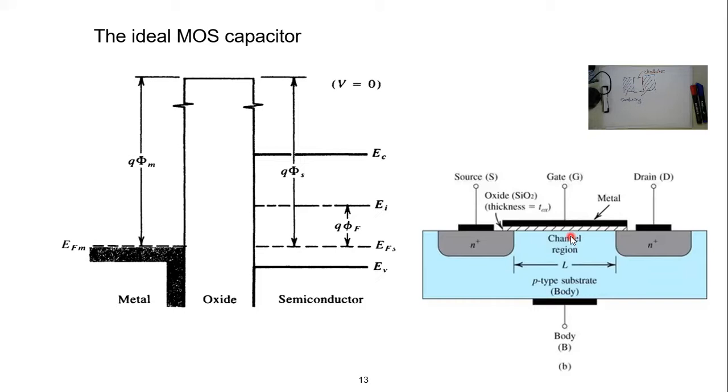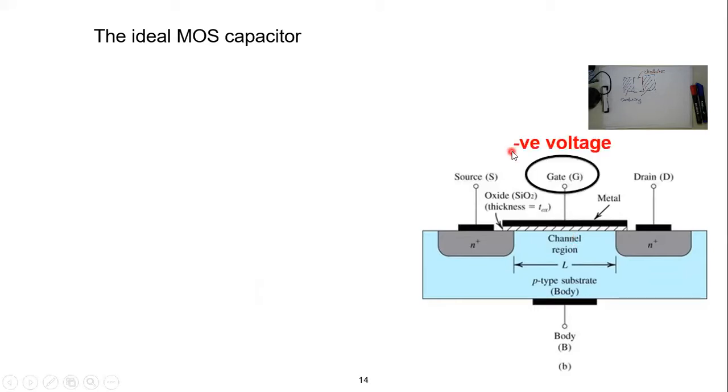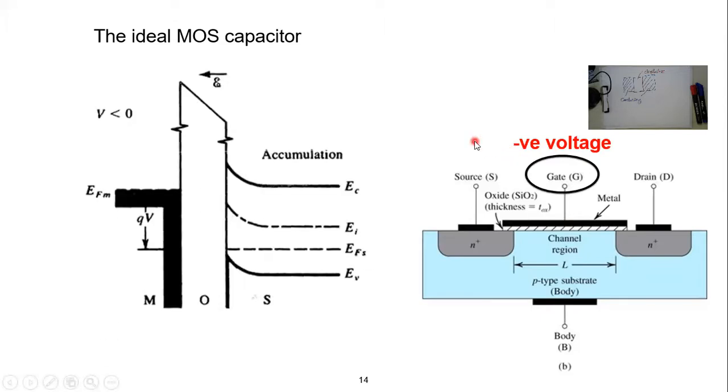Okay, so in the first step, when we add a negative voltage to the gate, as we have already studied a few minutes ago, this region becomes more and more p-type. What do we mean by this region becoming more and more p-type?